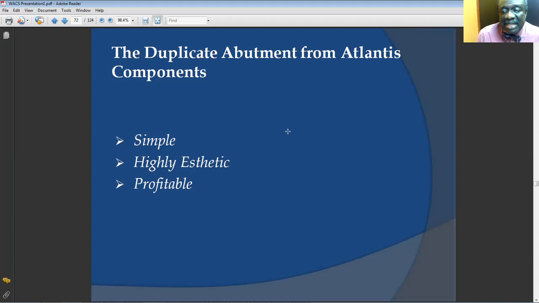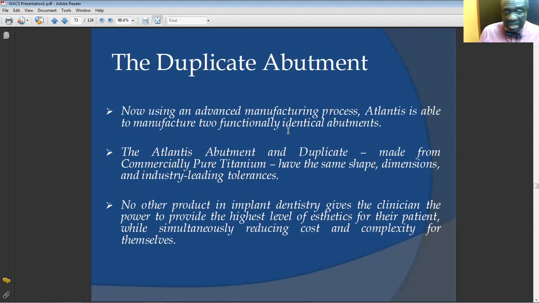So what will the dentist charge? And they say it is simple, it is highly aesthetic, yes, and it is very profitable. Well, I don't know about the profitability. I lost millions of dollars when I was using the Atlantis abutment. But I used the Atlantis abutment to promote my implantology practice by shouting here and there, I'm using Atlantis abutment.